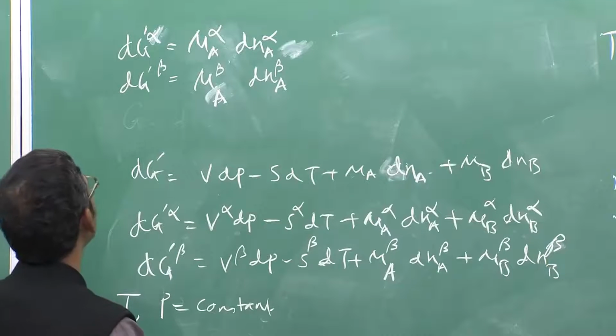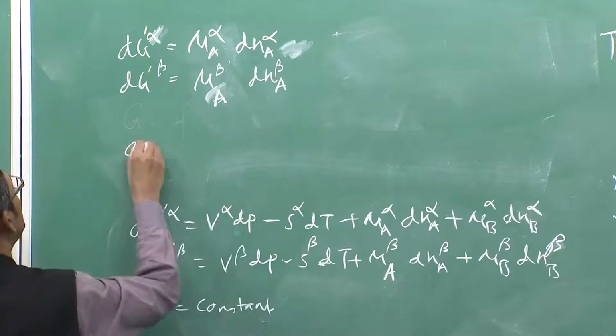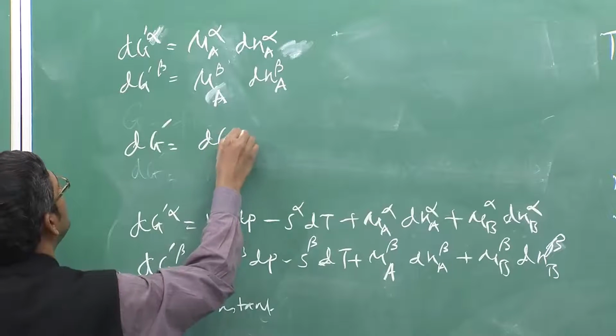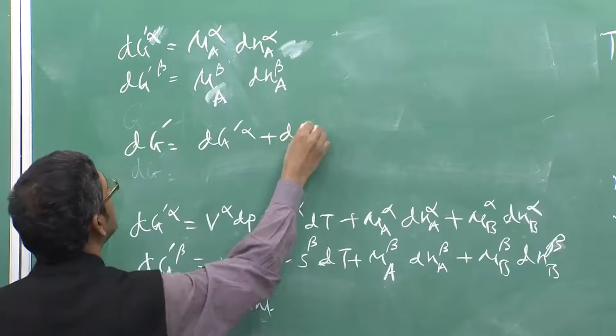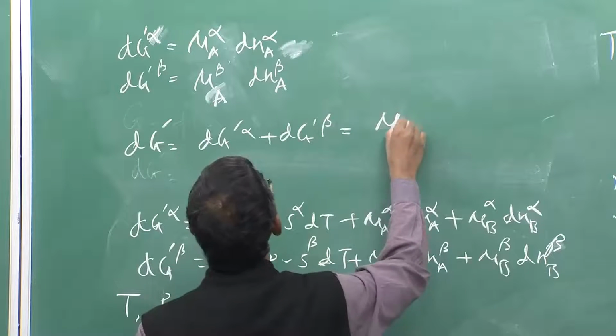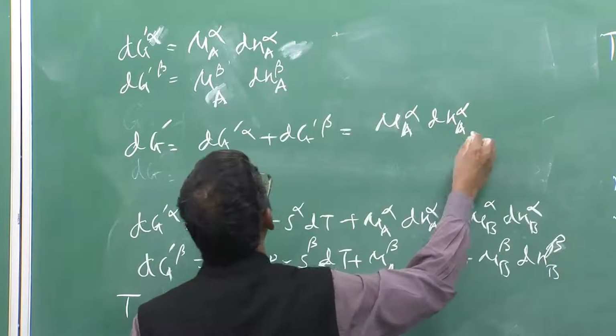So now what is the total change of free energy? The total change of free energy is the addition of these two, dG prime alpha plus dG prime beta. That is nothing but the summation of these two, mu A alpha dNA alpha plus mu A beta dNA beta.